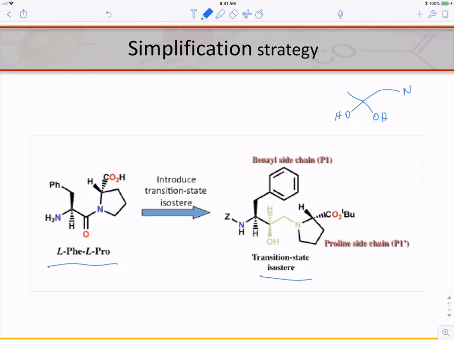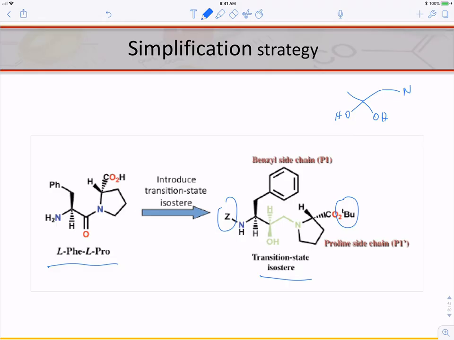So from here we also included the protecting group Z and tert-butyl that we have seen before, and those are useful because they reduce the overall charge, and they also provide additional hydrophobic interactions with the enzyme.